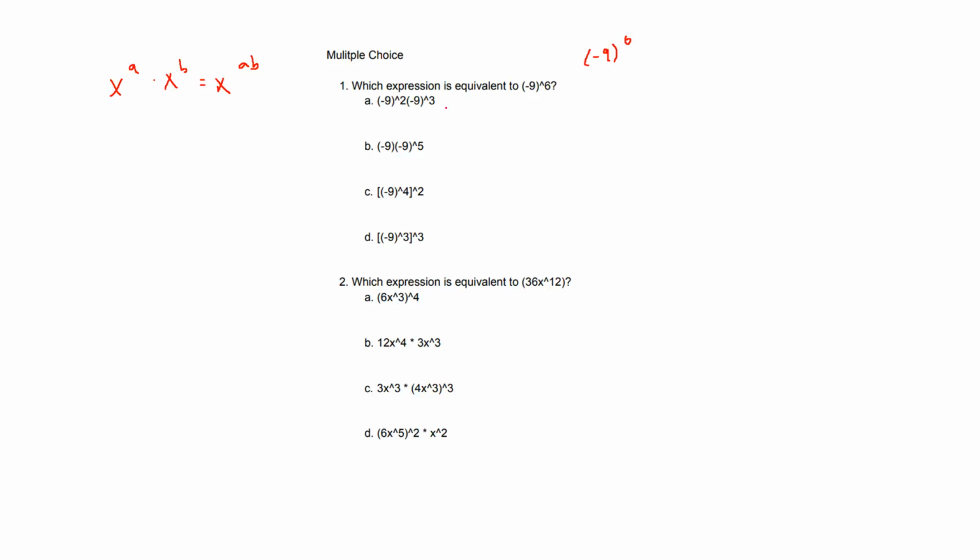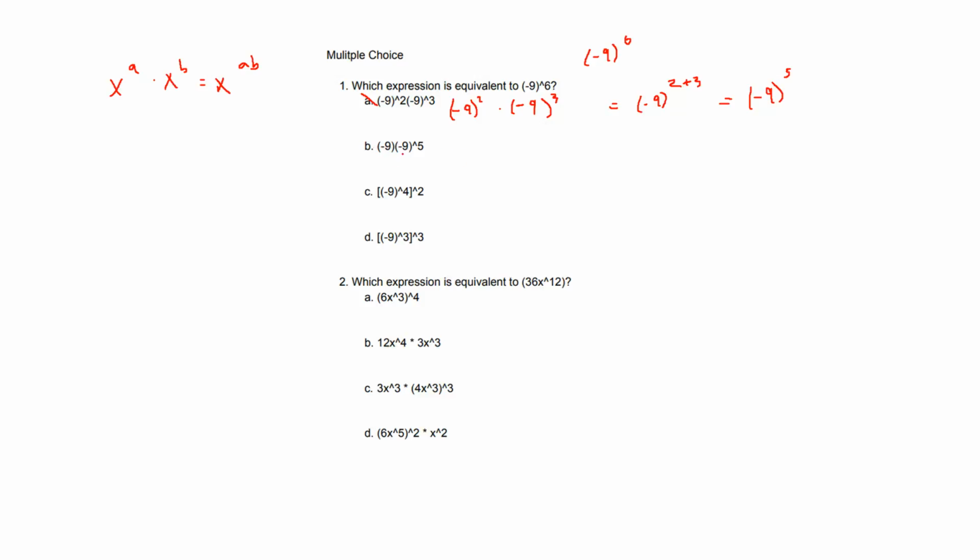So for A, it's negative 9 squared times negative 9 cubed. And just like what we did in the previous page, this rule applies, meaning that this is just negative 9 to the power of 2 plus 3. Not times, it's plus, which means that this is just negative 9 to the power of 5, which is not what we're looking for. So now that A is out.